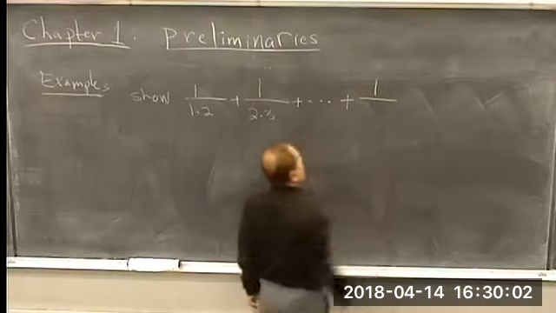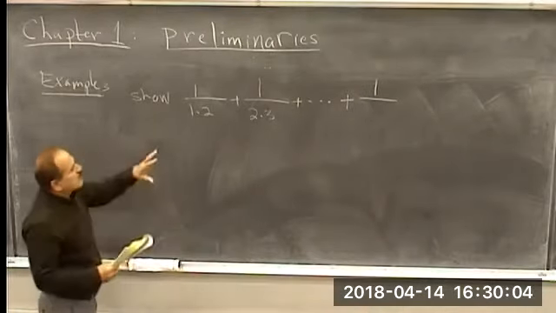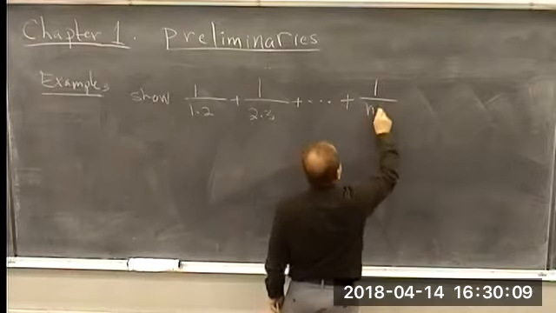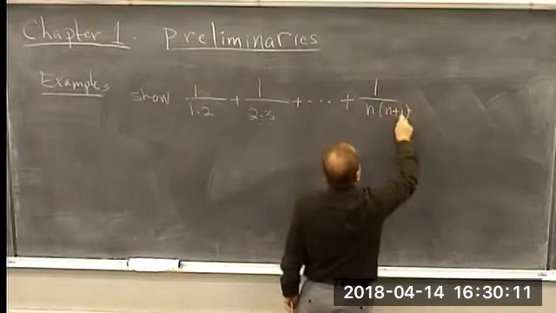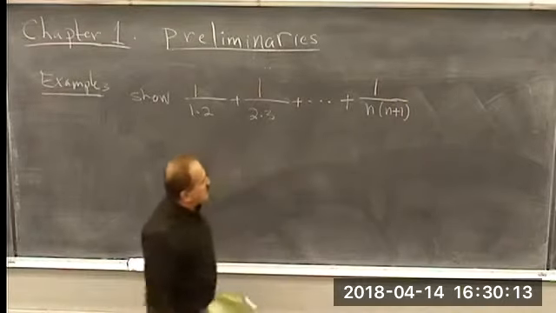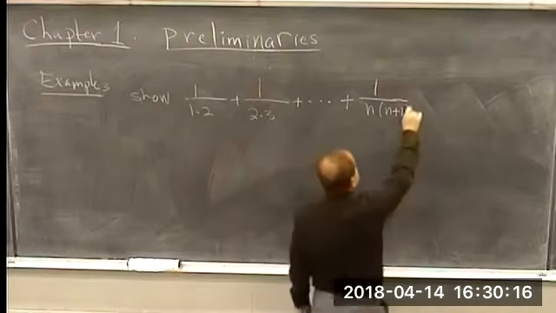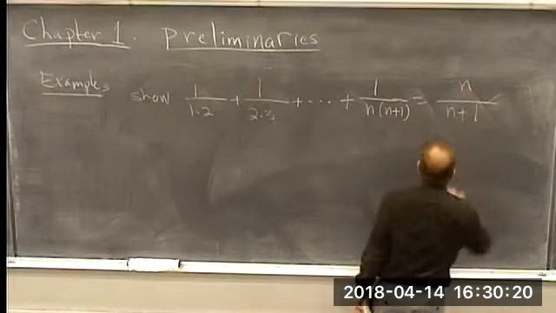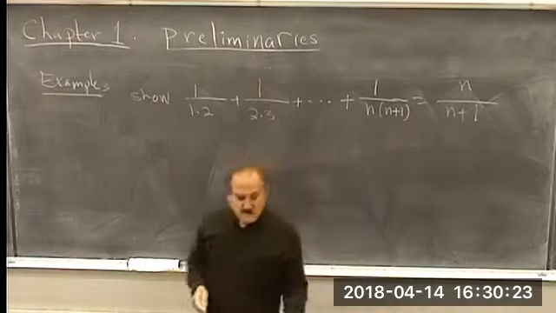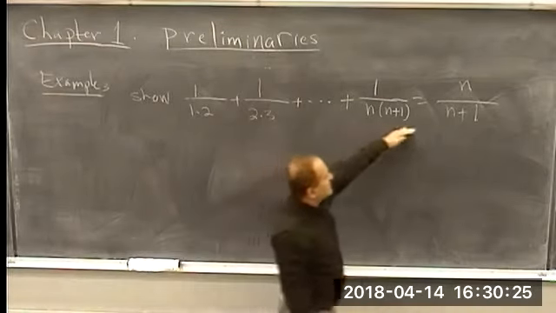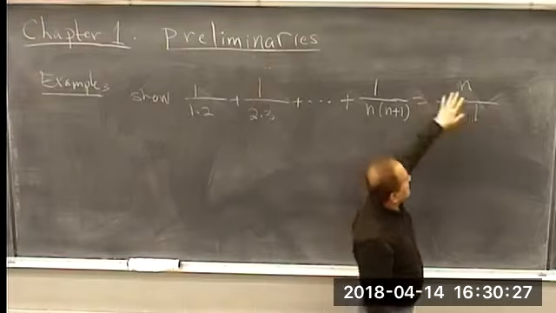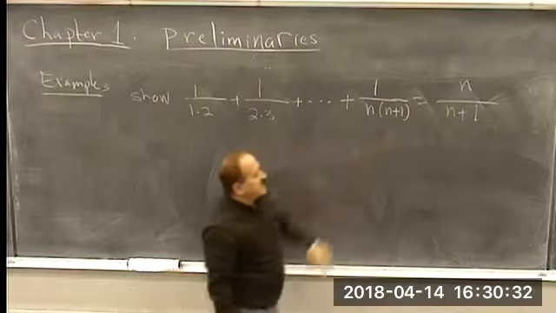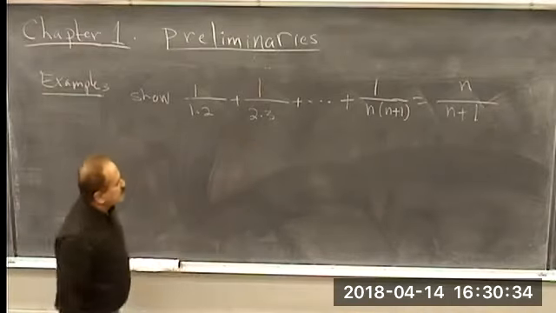This is the sum of the reciprocals of the product of two consecutive natural numbers up to n plus 1, and this is equal to n over n plus 1. This is a very nice formula, because instead of adding all of these, you could actually get the same thing by just plugging in those numbers you're adding, the reciprocals in here.